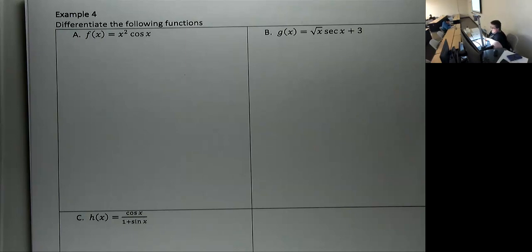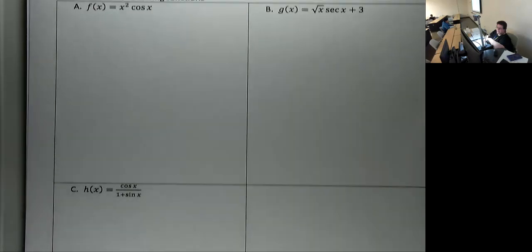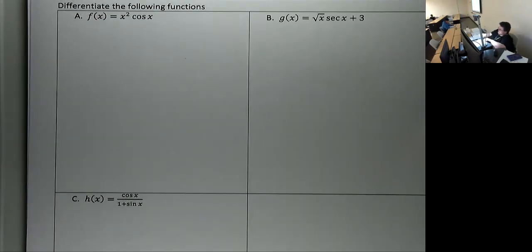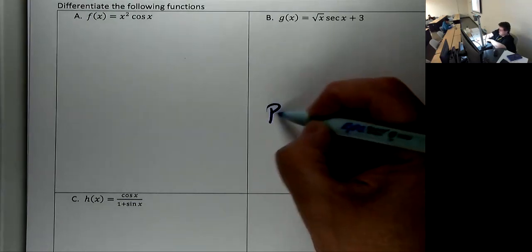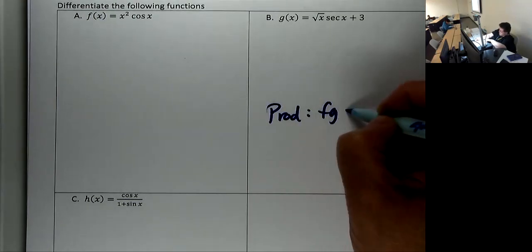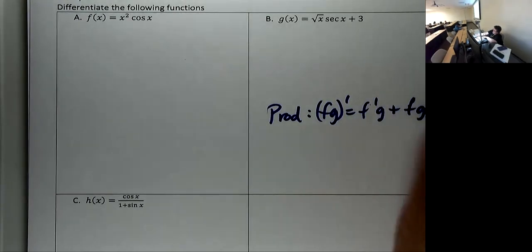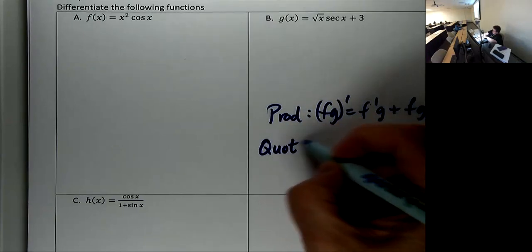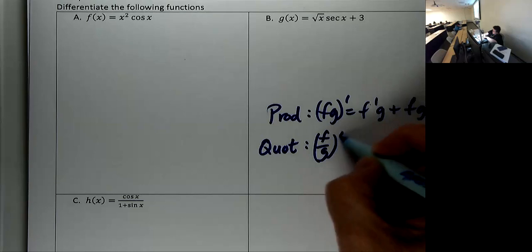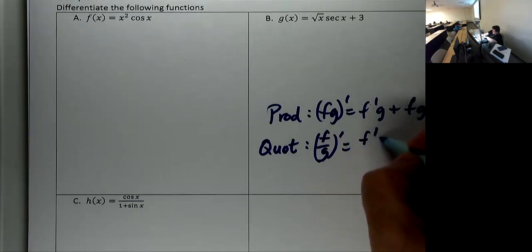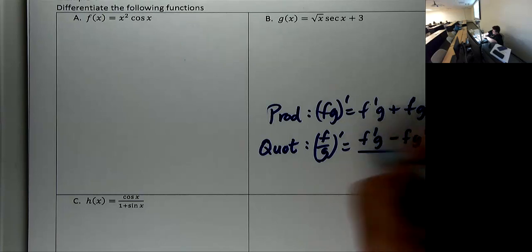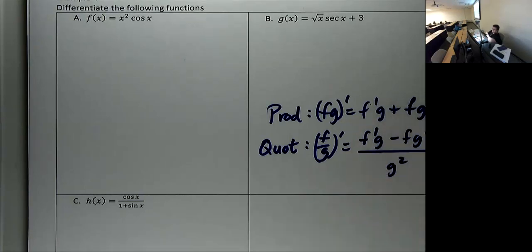Try working on these and seeing what you come up with. I'll throw down the product rule and quotient rule as a reminder real quick. That looks funny using the prime on the quotient, because with the 2 down there, the prime looks like a 1.